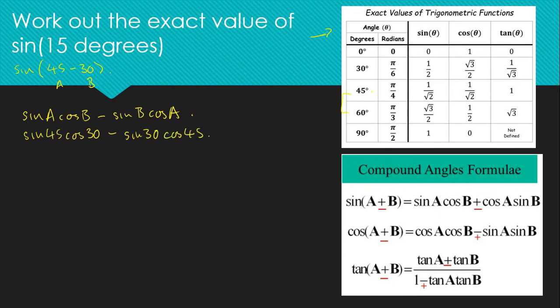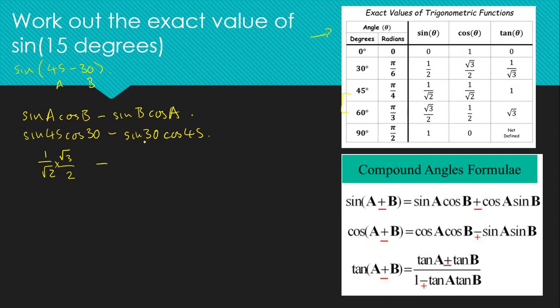Okay, well sine 45 is 1 over root 2. Okay, it's non-rationalized. We'll need to rationalize in just a second. Cos of 30 is root 3 over 2.